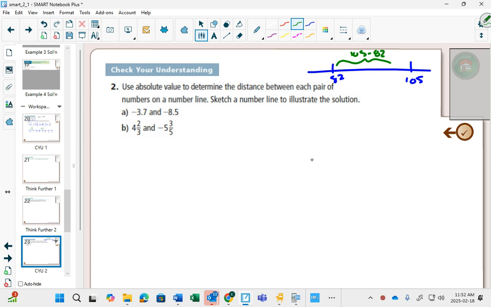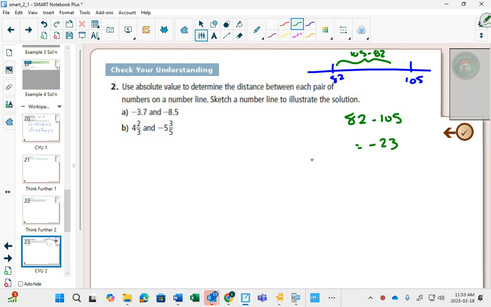Now let's say for a very strange reason, you didn't realize 105 was bigger than 82, and you accidentally did 82 minus 105. You would get the wrong answer, right? If I did 82 minus 105, I would get negative 23.